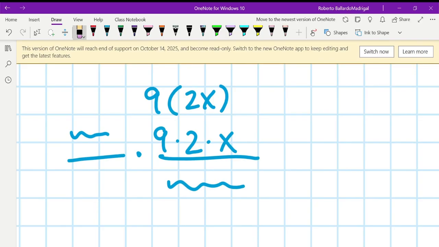I'm not rewriting this, but you could rewrite the 4 as 2 times 2, and then you can cancel that out, which is what we end up doing. If you feel like you need to do those little steps, please do it. Or if you want me to show you the steps, I can. They're very small steps, so it would take a lot of time, but that's kind of what's happening behind the scenes. Okay, so that's where we get the 2, and that's where we get the 9x.